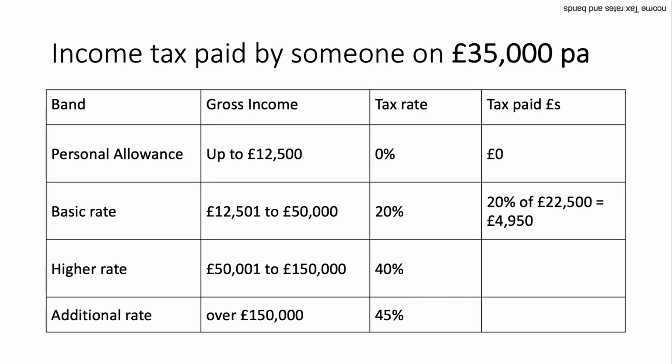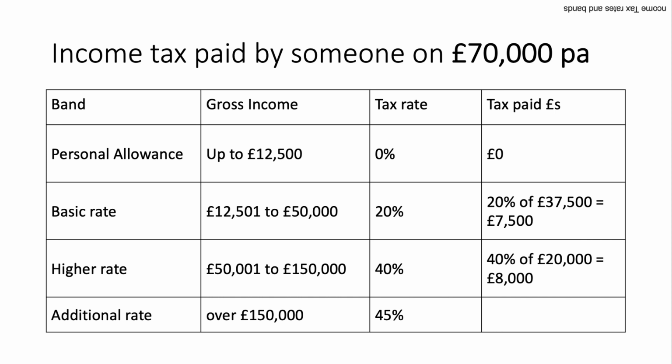So let's take somebody on £35,000 a year. They would be paying no tax on the first £12,500. Then the next £22,500 is taxed at 20%. So they would pay £4,950 in tax.